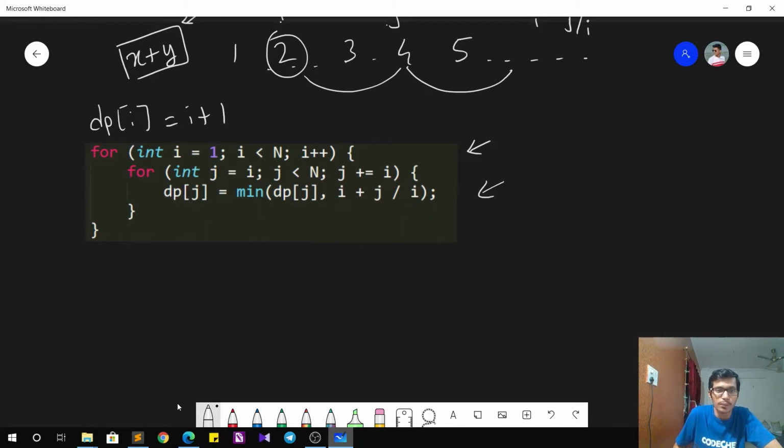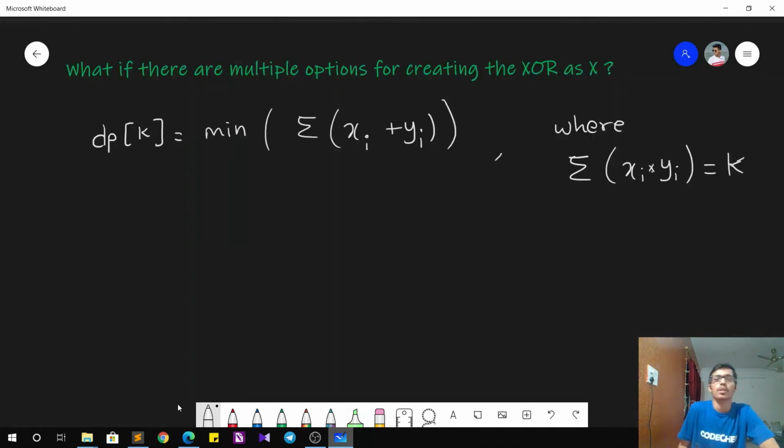That is, if j is a multiple of i, these two quantities when multiplied give the product j, but at the same time we are also storing the minimum, so our previous discussion is applied through this snippet of code.